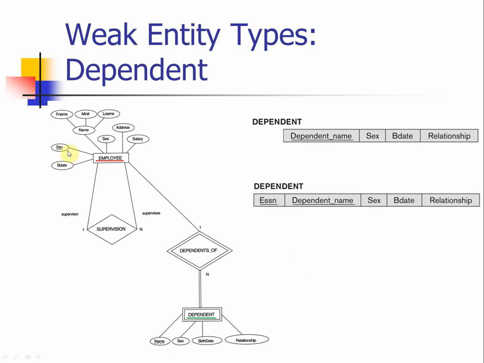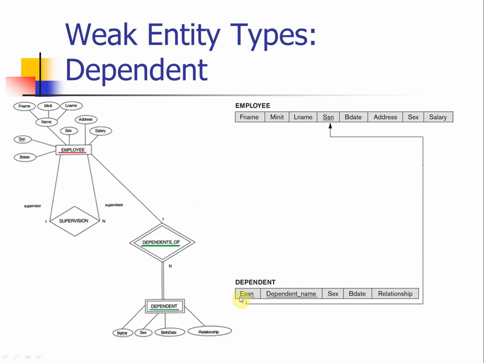So we know the primary key is social security number. So I'm going to put a social security number over here, indicating that that is the one that I belong to. And then we need to form a foreign key from the one that we included from the belonging primary key to the belonging relation. And therefore, you can see that we will form this foreign key referencing the social security number over there.